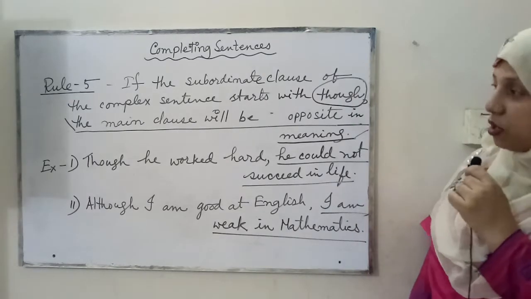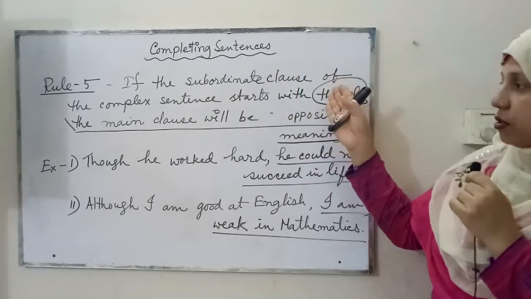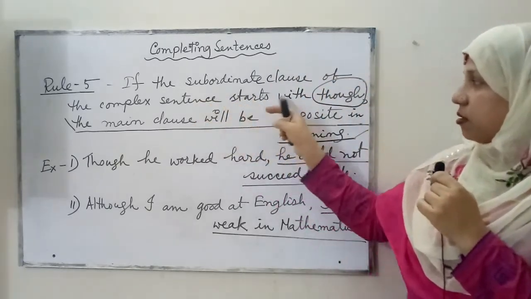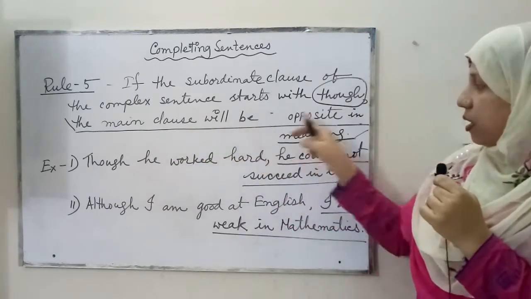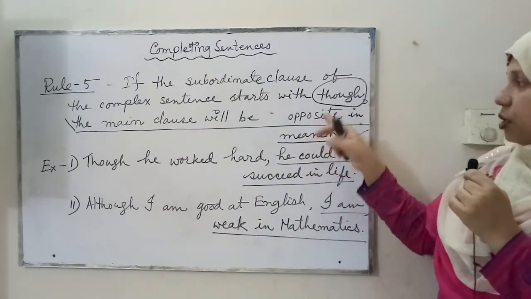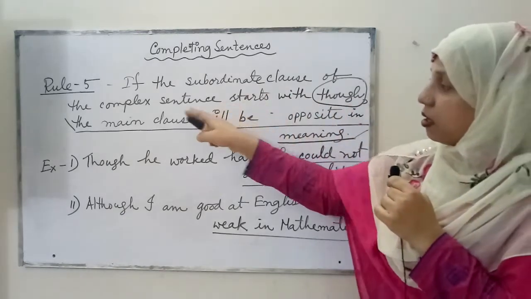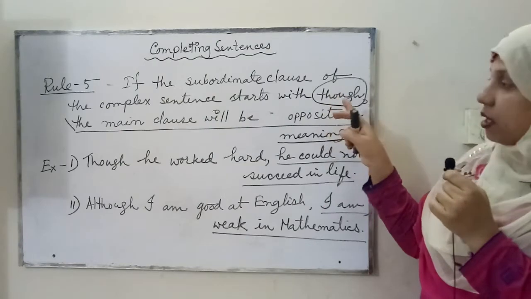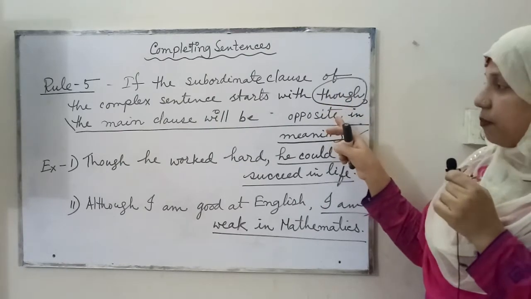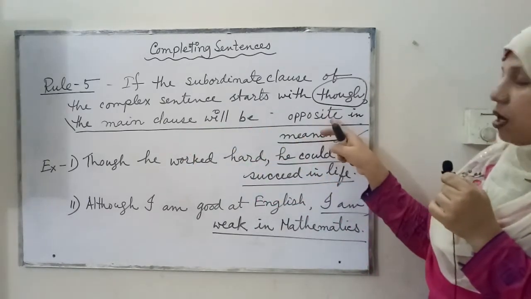Next comes rule number 5. If the subordinate clause of the complex sentence starts with though, the main clause will be opposite in meaning. So if the subordinating conjunction in a complex sentence is though, then the main clause will be opposite.